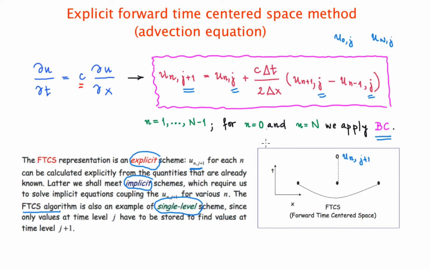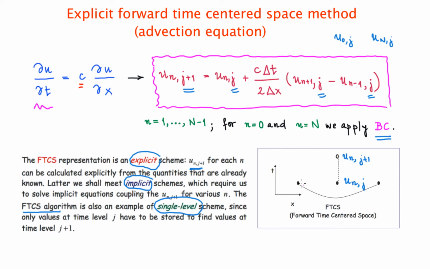Time is running in this direction, and the solid dots here are the known values of the u function evaluated in this case at position n, because the x position is running in this direction, but at the previous time step, at time step j. So this dashed line is connecting these 2 points, and these 2 points are connected in the finite representation we have obtained for the partial derivative of u with respect to time.